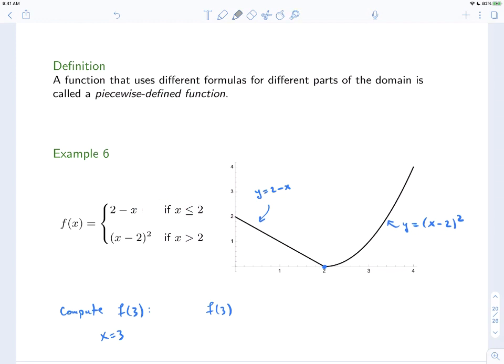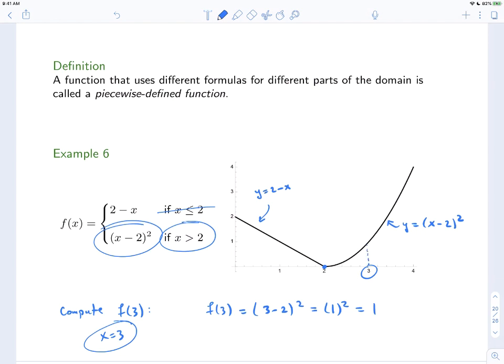No, it's not, so we rule this one out. x is equal to 3, it's bigger than 2, so we use this rule, x minus 2 quantity squared. So it's 3 minus 2 quantity squared, equals 1 squared, equals 1. So when x is equal to 3, y is equal to 1.